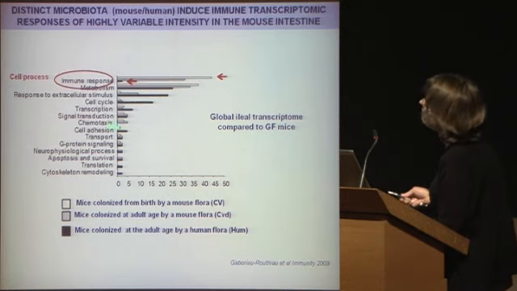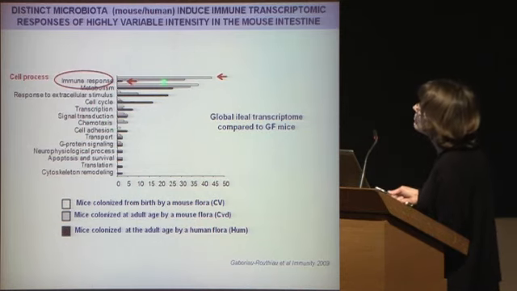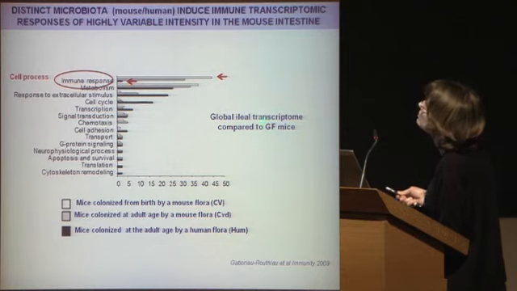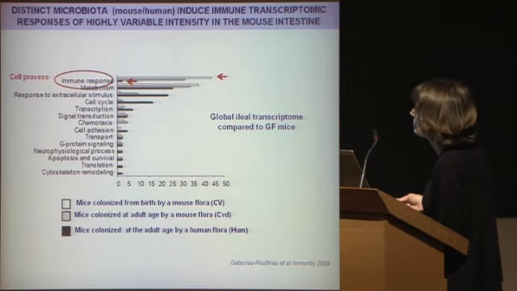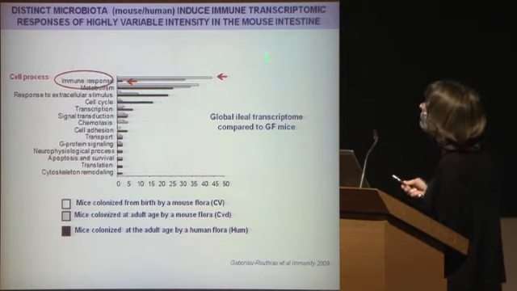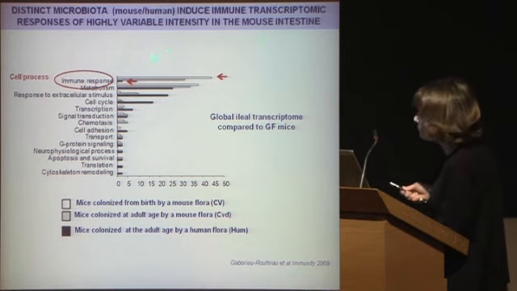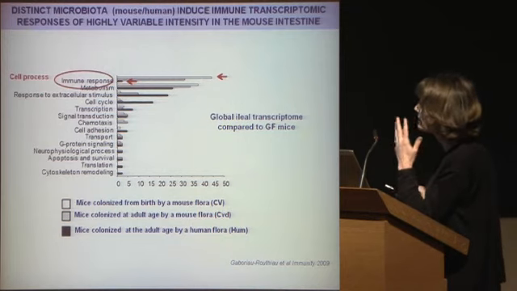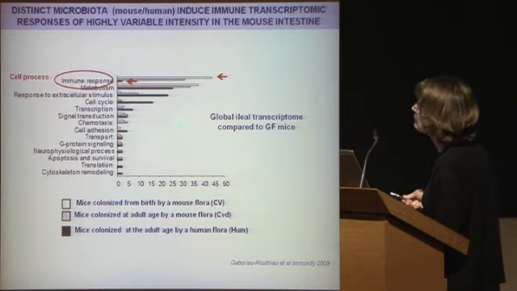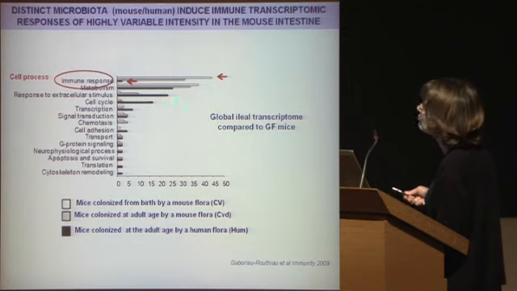So the first evidence that microbiota may have distinctive effects on the immune response came from global transcriptomic studies that we did by colonizing mouse intestines with a whole human microbiota, that we had taken with the idea that we would find the bugs which were interesting directly in the human microbiota.